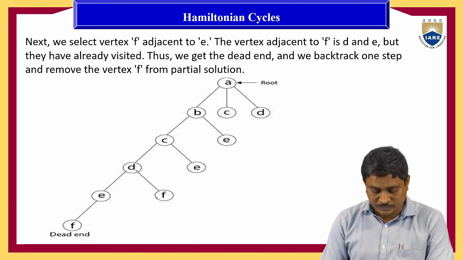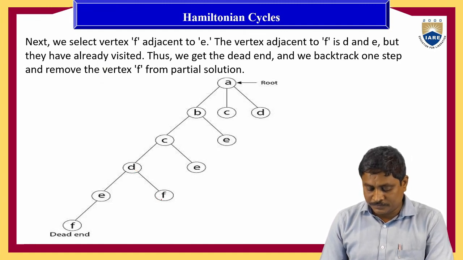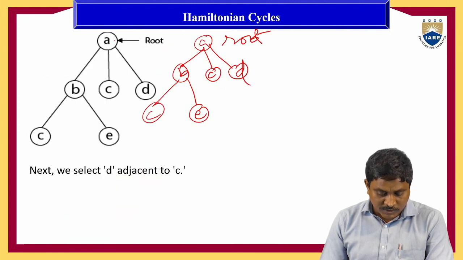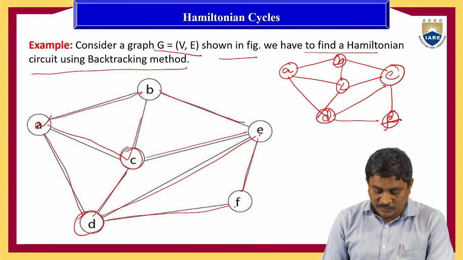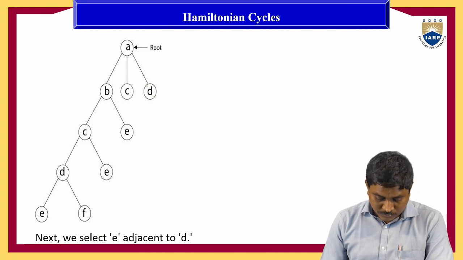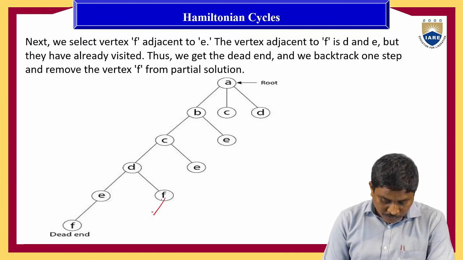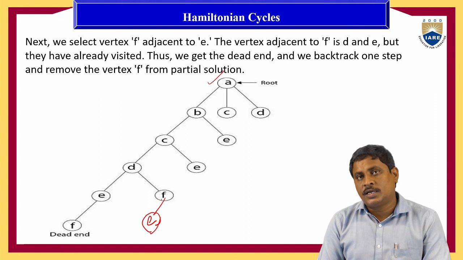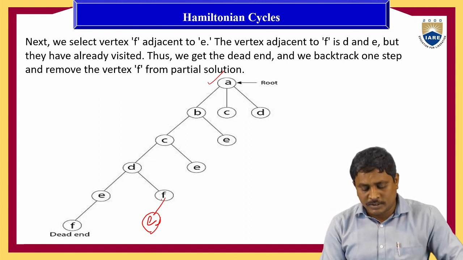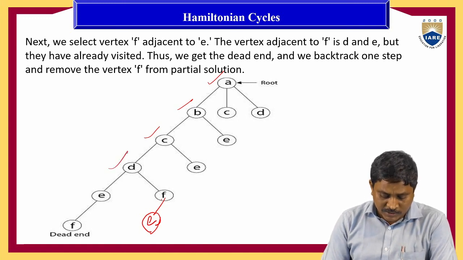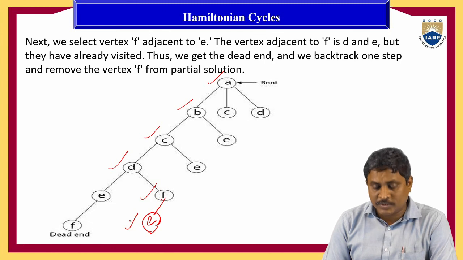D to F. Now here we see that D to F, F to E. Now in this tour also, observe that vertex A is visited, vertex B is visited, vertex C is visited, vertex D is visited, vertex F is visited, vertex E is visited.